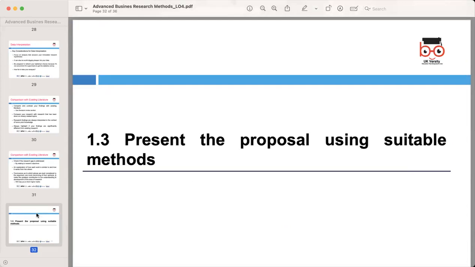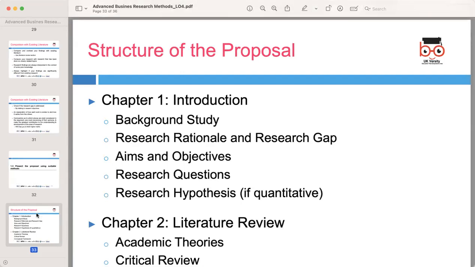So present the proposal using suitable methods. Chapter 1, Introduction: Background Study, Research Rationale and Research Gap, Aims, Objectives, Research Questions, Research Hypothesis.